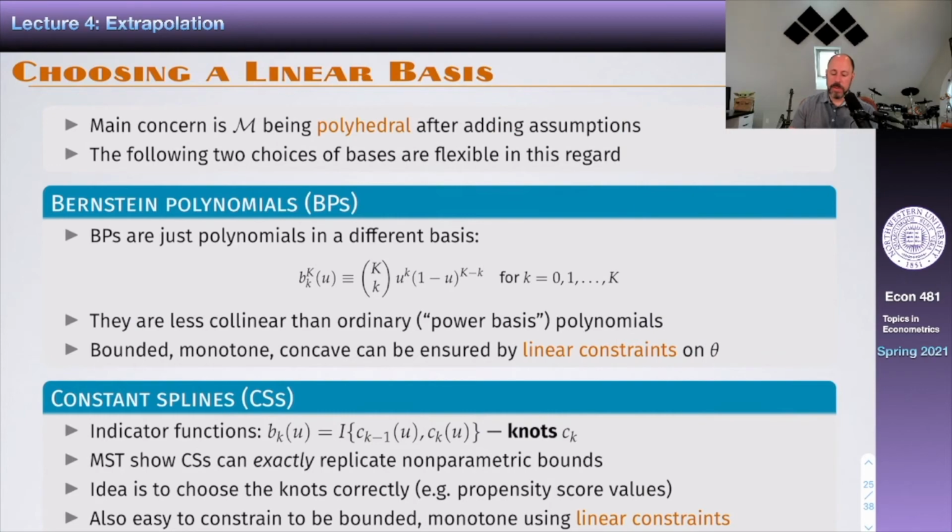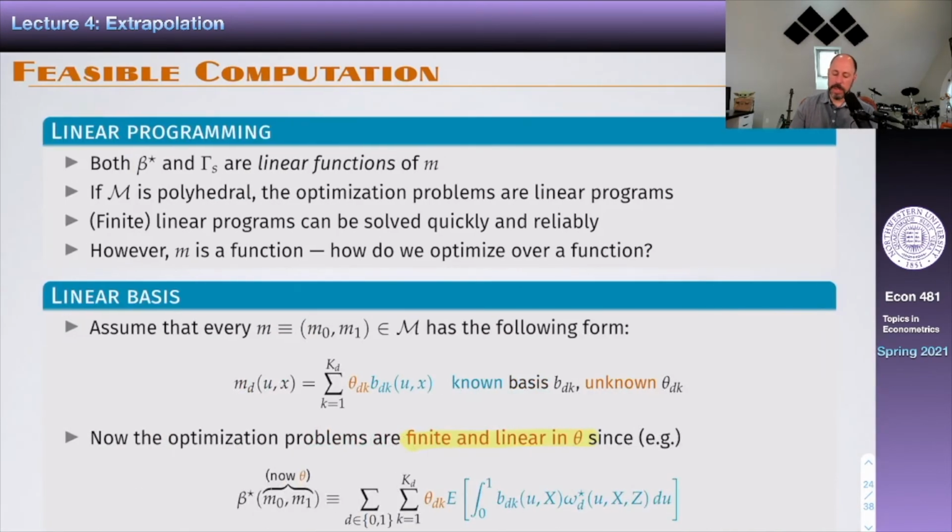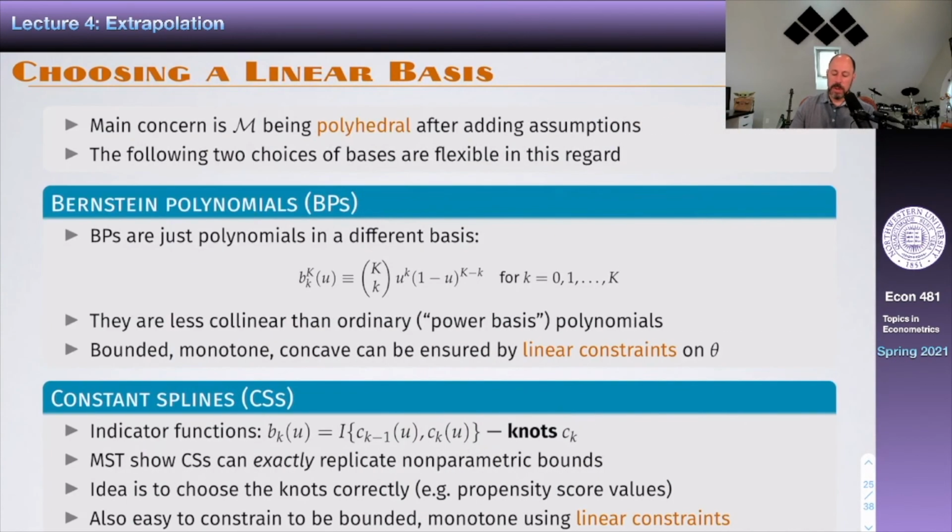For example, you can use Bernstein polynomials. The question is now, what are these known basis functions that we have? One of those would be Bernstein polynomials, okay, and another one would be splines. The advantage of these two basis functions is that oftentimes we will want to impose some assumptions on M. For example, we want to guarantee that the functions are bounded, monotonic, concave, okay.